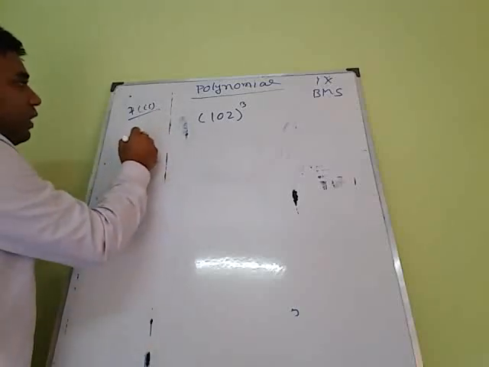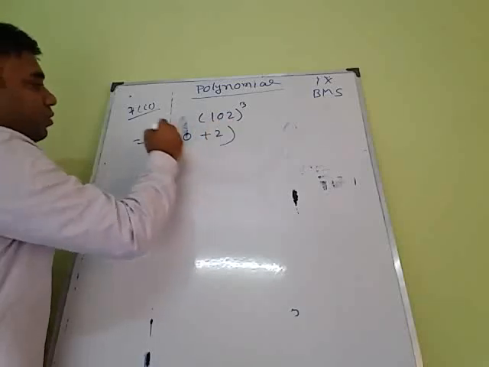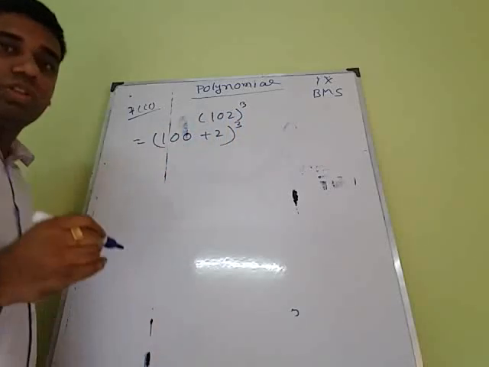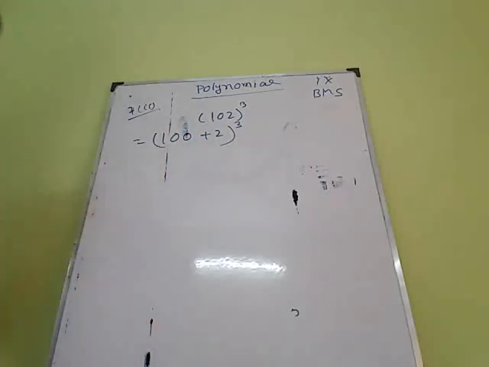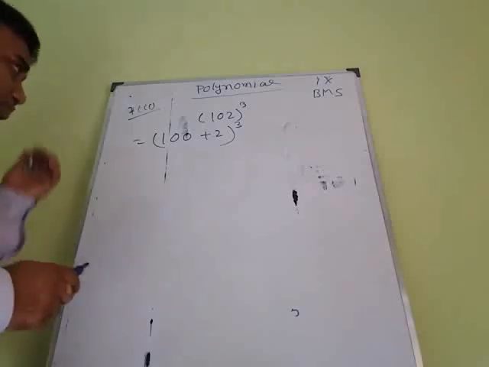So students, we know that 102 can be written as 100 plus 2, so (100 + 2) whole cube.